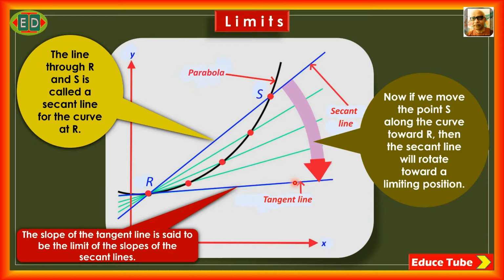So when such a limiting position exists, the slope of the tangent line is said to be the limit of slopes of secant lines. It is a most important point. The slope of the tangent line is said to be the limit of the slopes of the secant lines. This is the most important line.